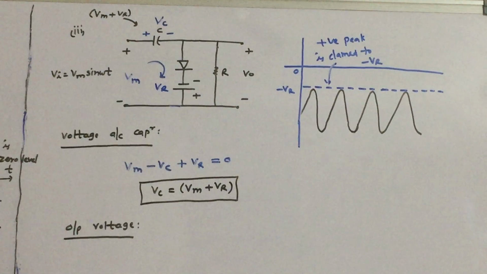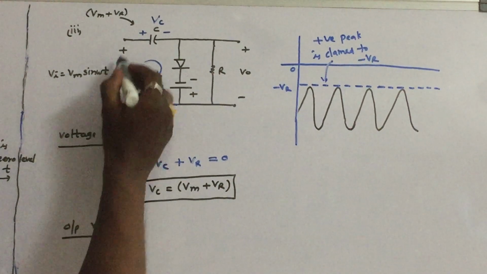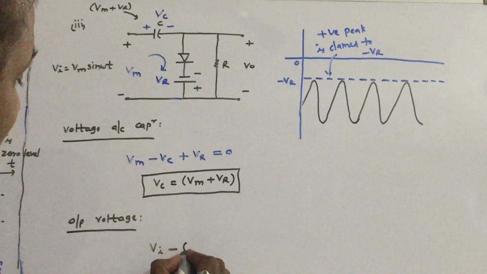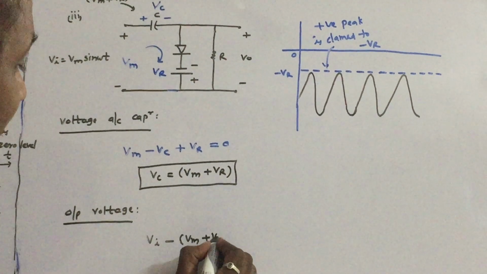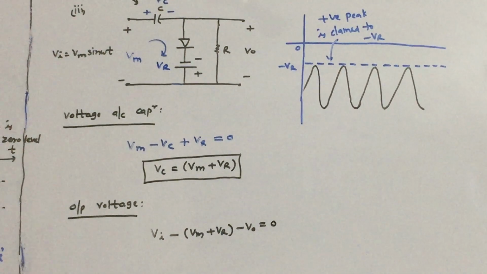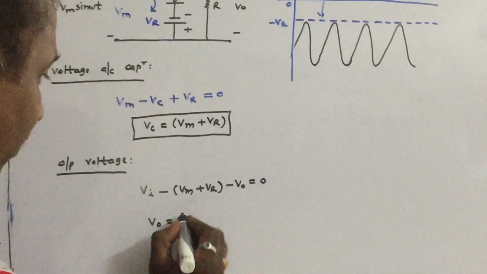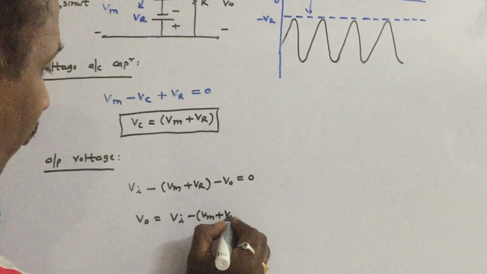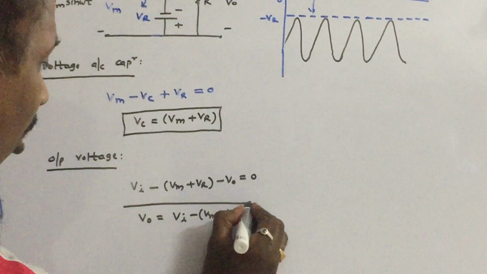Apply KVL to this input output loop: Vi minus (Vm plus Vr) minus V0 is equal to 0. Therefore, the output voltage is given by Vi minus (Vm plus Vr). This is the output expression.